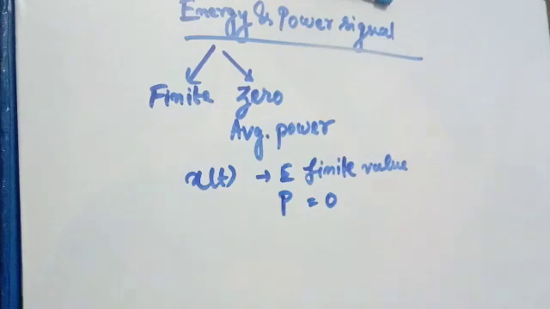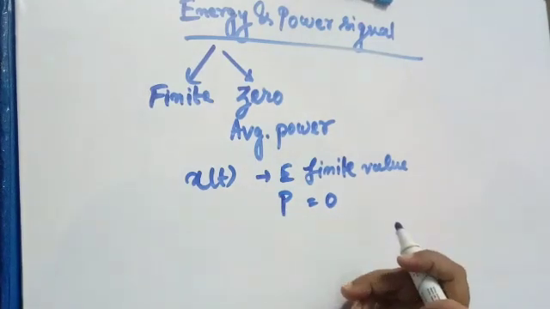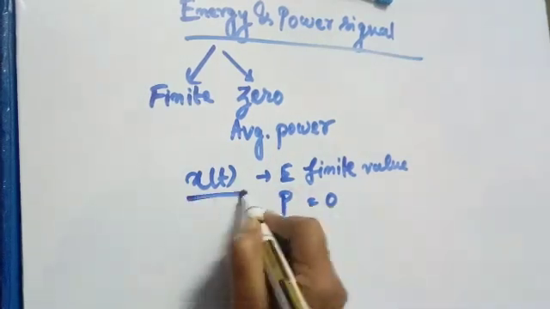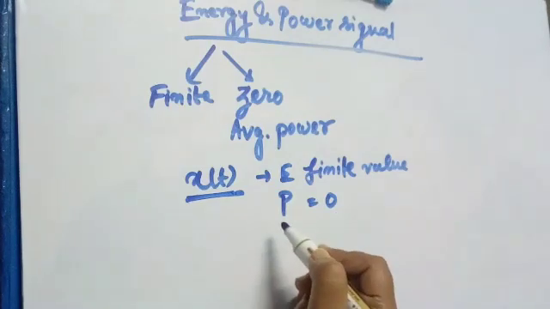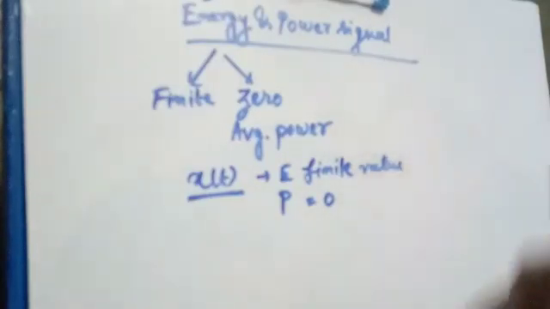That means if x(t) is an energy signal, its average power must be zero. So it is the property of an energy signal. So what is the property of a power signal?